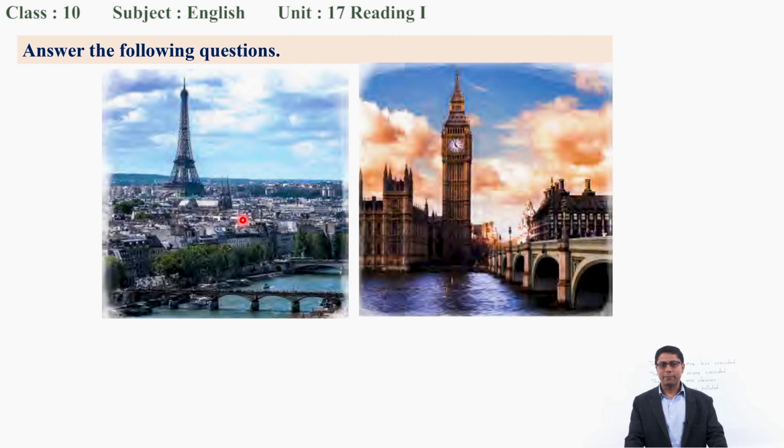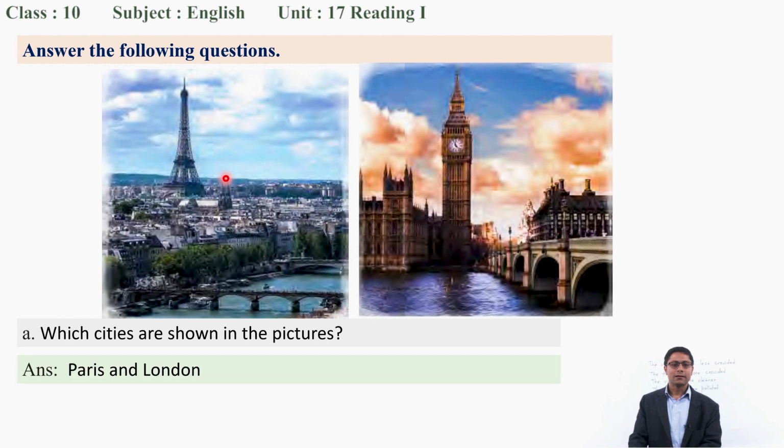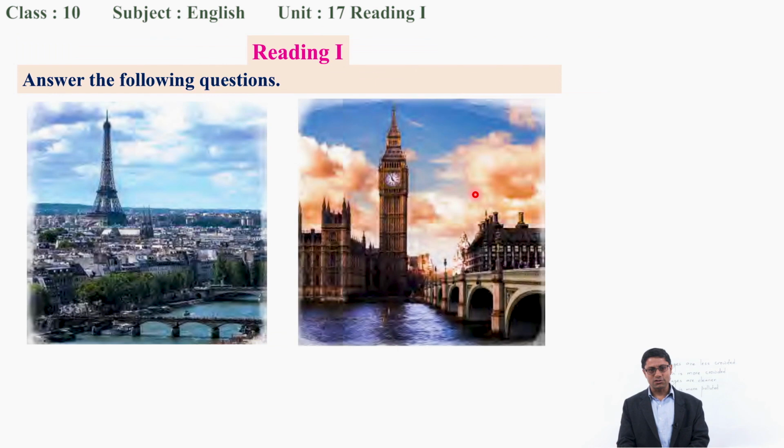Mainly you have to guess which cities are shown in the pictures. Can you say which cities are shown? Okay, the first one is, very good, it's Paris, and second one is London. That's good. Okay, Paris and London. Very good.